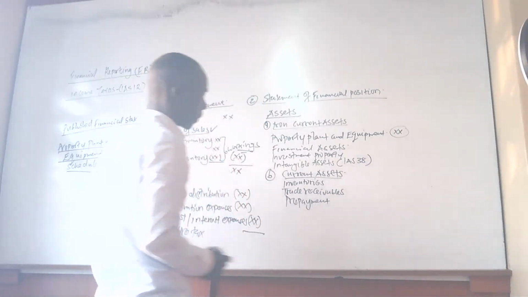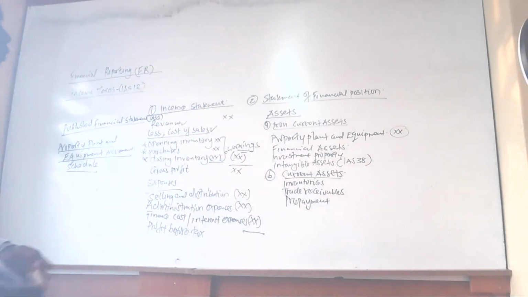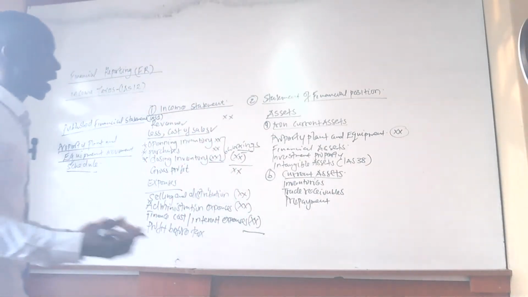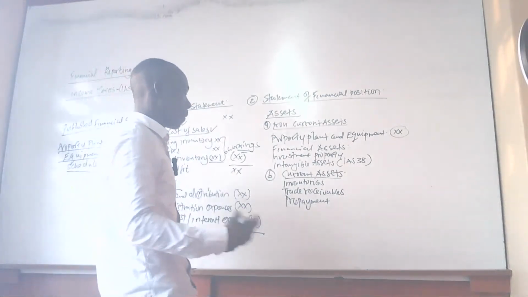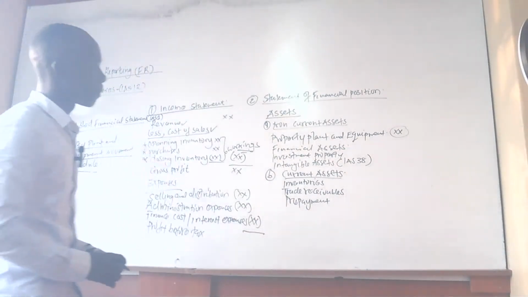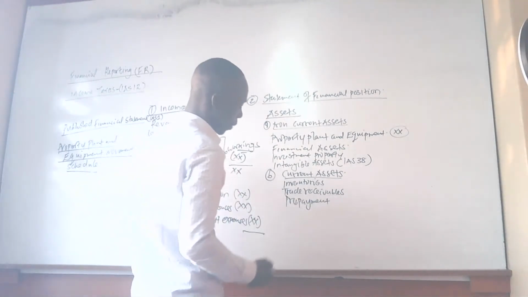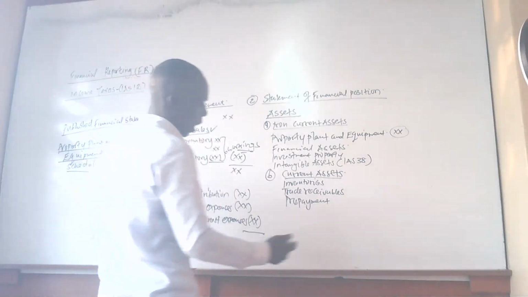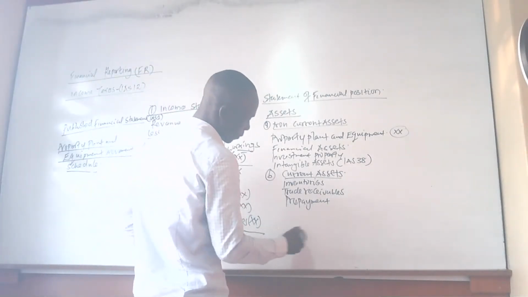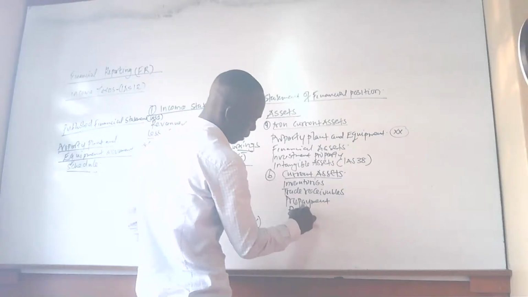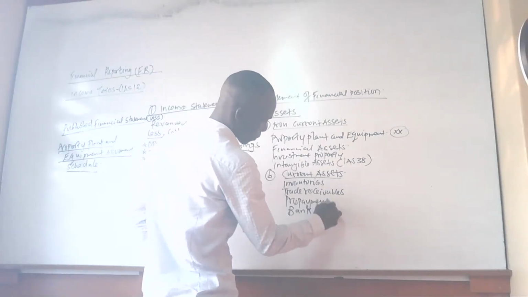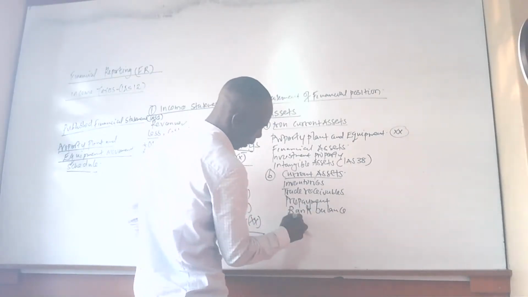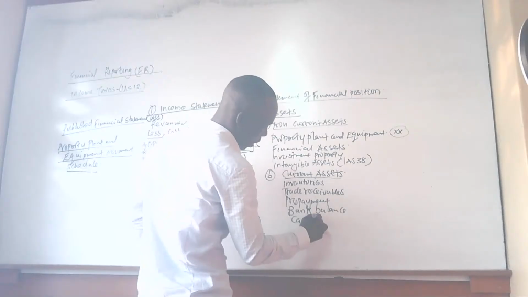and the prepayments in this case, we are talking about the expenses which have been prepaid, meaning it is your asset. Then other than that, we can talk about the cash. We can talk about the bank balance, and also the cash in hand.